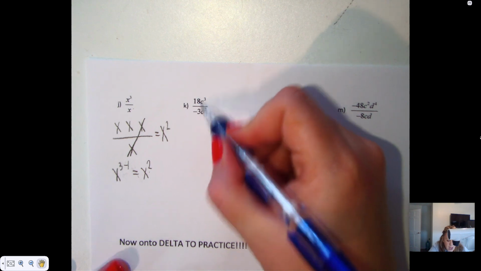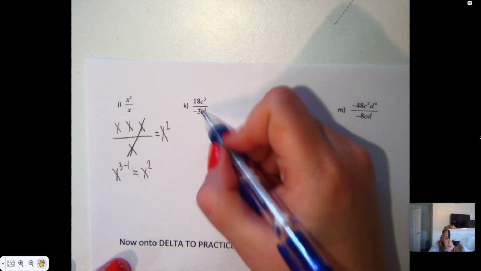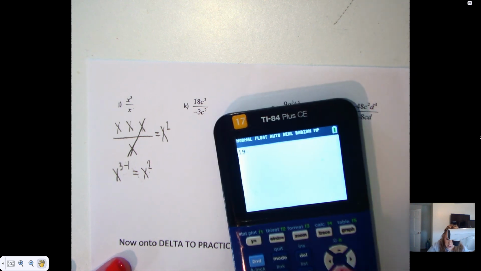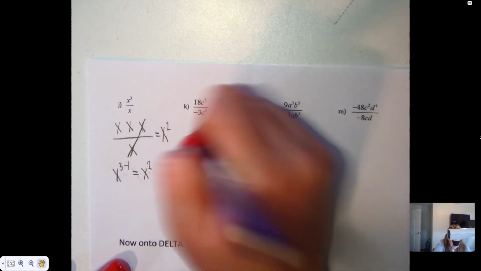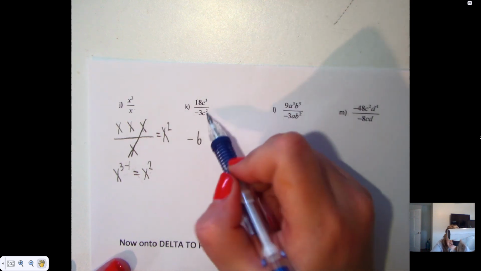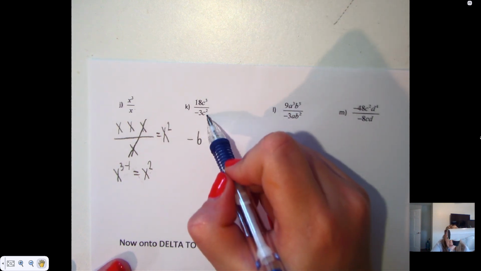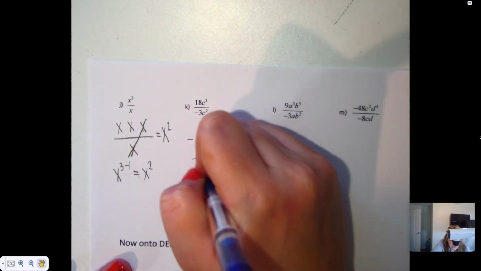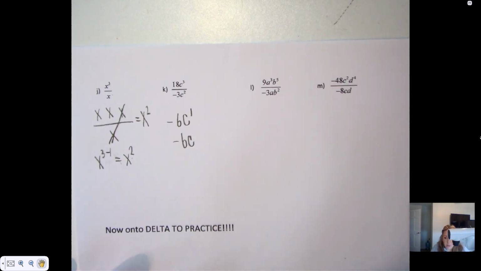All right, I'm going to take care of this number first. So 18 divided by negative 3 is negative 6. 3 minus 2 is 1. So you're going to have c to the 1, or negative 6c, because I'm not going to rewrite that 1. That's not common practice.